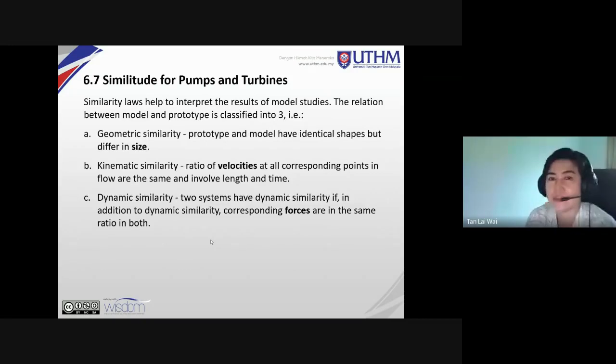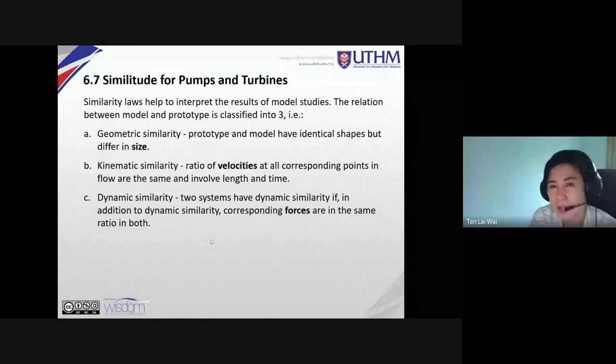So let's continue with our last topic of our syllabus. So it's about similitude for pump and turbine. Alright, you have actually learned this in your fluid mechanics, right? About the geometric, kinematic, and dynamic similarity.